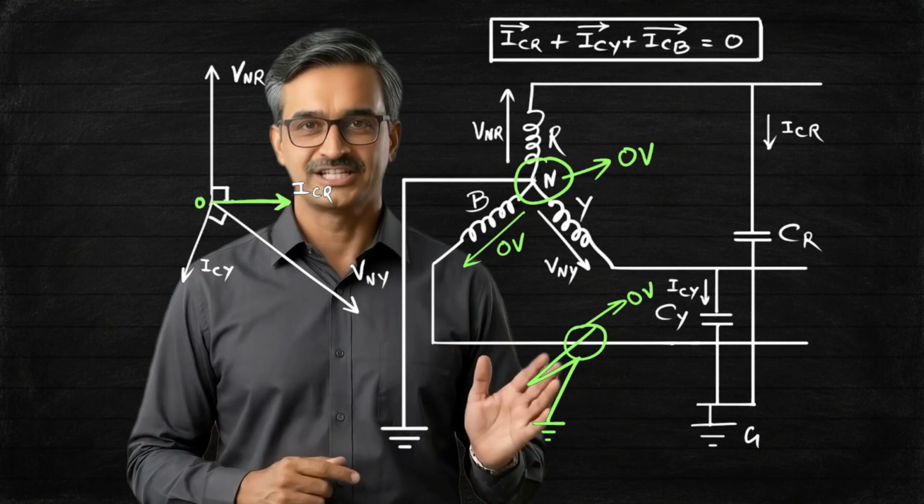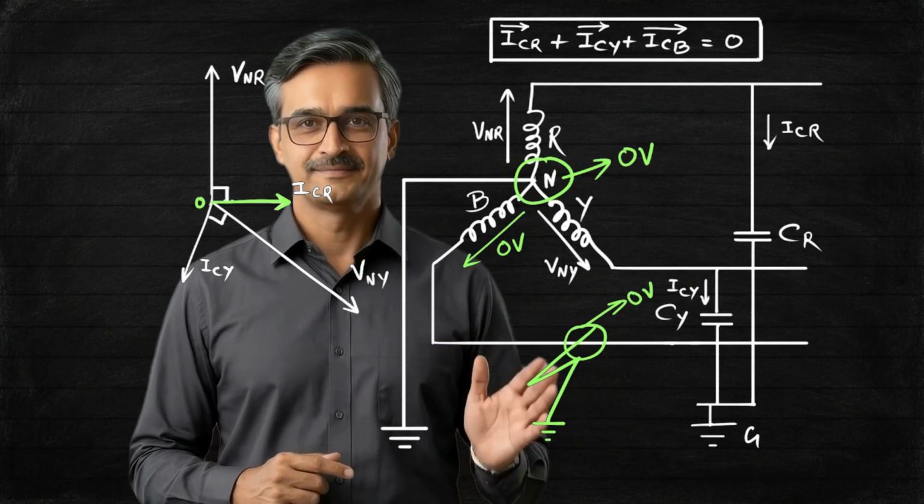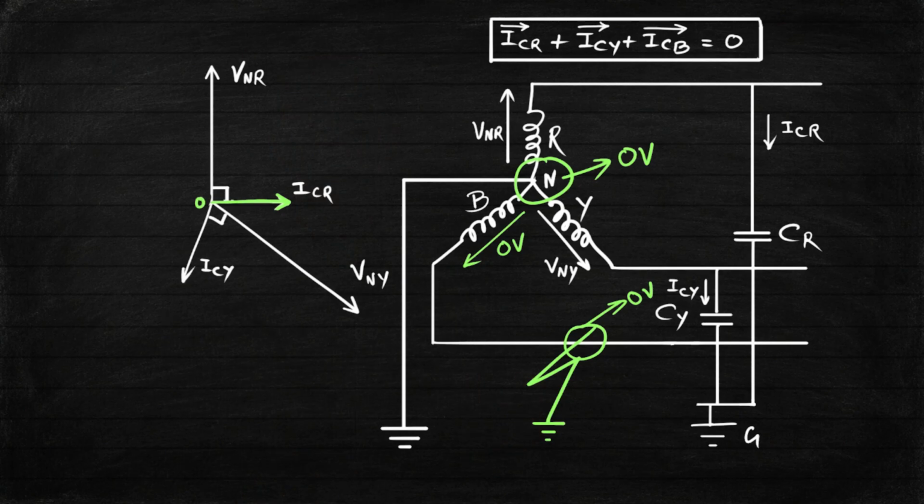Therefore, the charging current remains ICR. And as before, it still leads the phase voltage VR by 90 degrees because it is a purely capacitive current. Exactly the same thing happens with the Y phase. The charging current of the Y phase also remains practically unchanged. It still leads the phase voltage VY by exactly 90 degrees as shown in the phasor diagram.